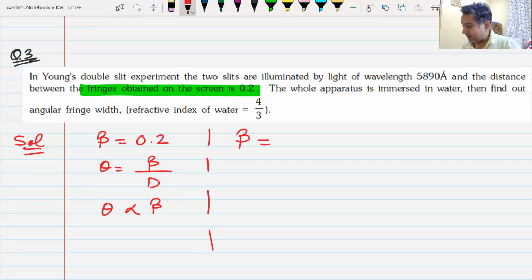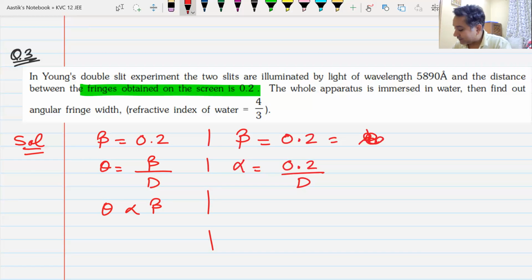We find beta in air, which is given as 0.2. If we divide this beta by d, we will get the value of alpha in air. Yes or no? Yes, sir.